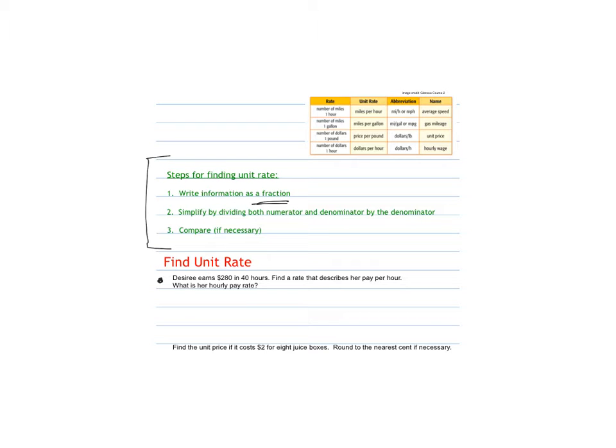Desiree earns $280 in 40 hours. Find a rate that describes her pay per hour. What is her hourly rate? So if Desiree earns $280 in 40 hours, we can say $280 for 40 hours.